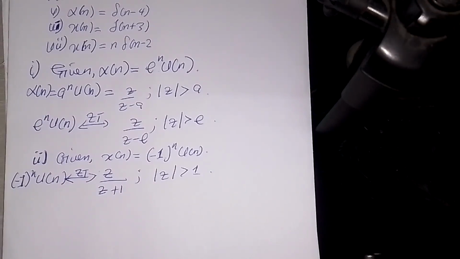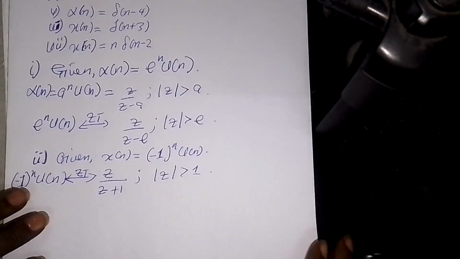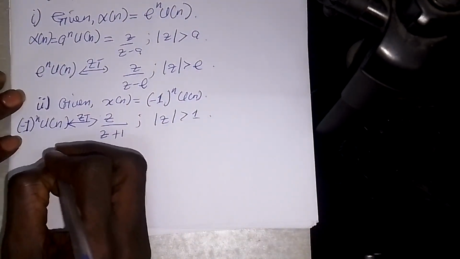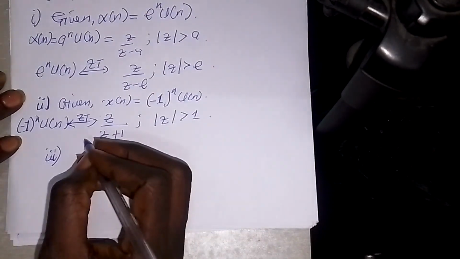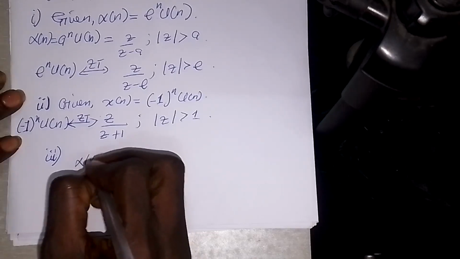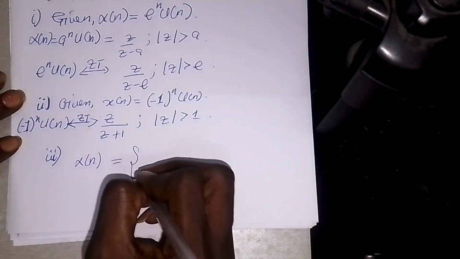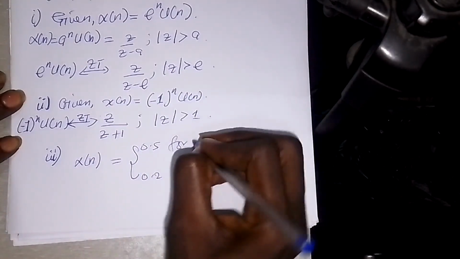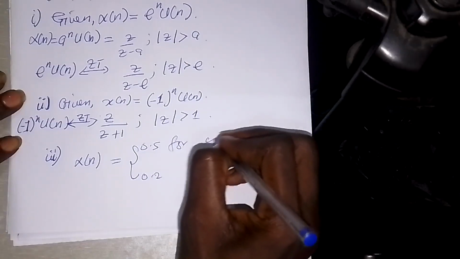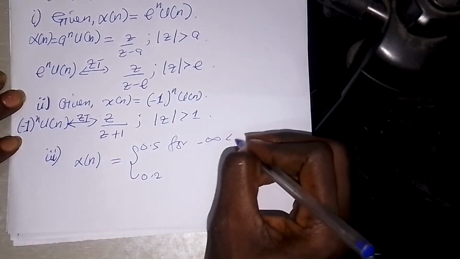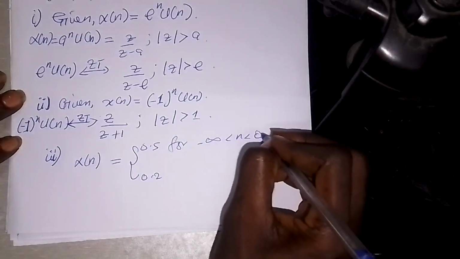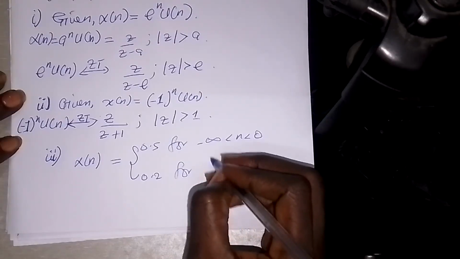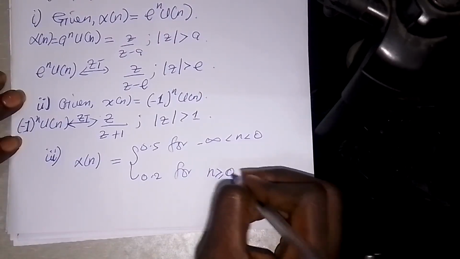So let's see how we're going to get the third one. In the third one, we are given x of n equals 0.5 to the n for minus infinity less than n less than 0, and 0.2 to the n for n greater than or equal to 0.